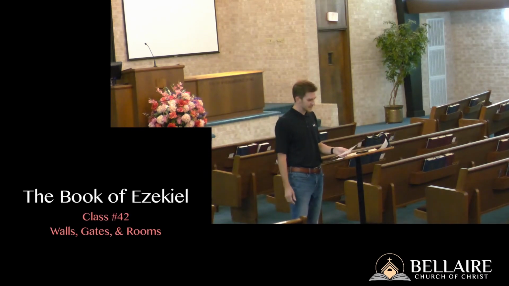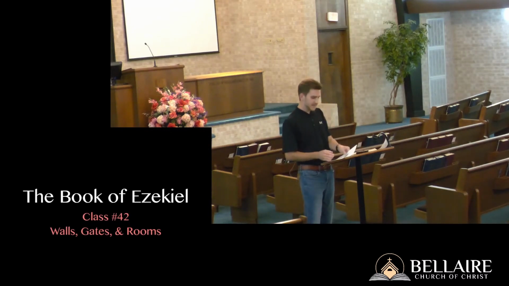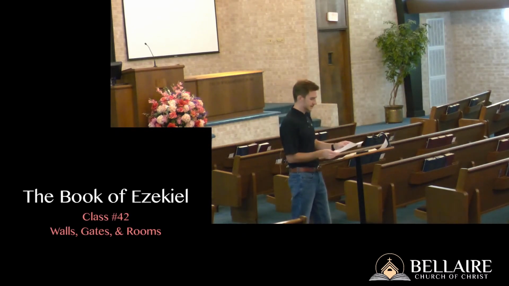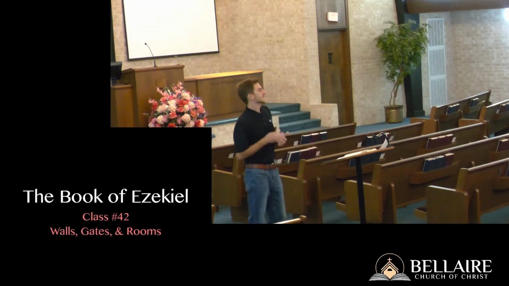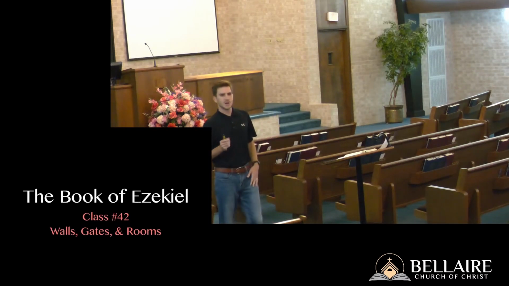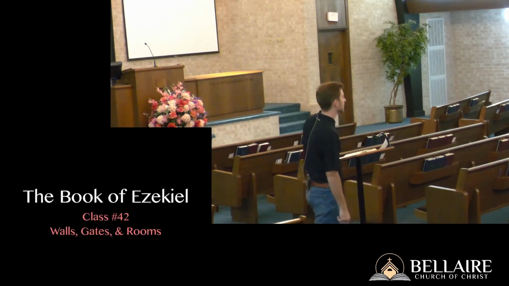This held out decently well, although there are a few letters in the darkest area that are harder to see. But you can use that diagram tonight and in the coming classes as we talk about the temple that Ezekiel saw and recorded for us in Ezekiel chapters 40 to 48.